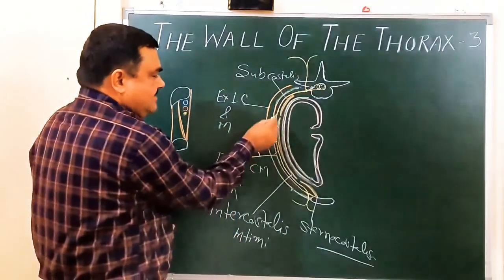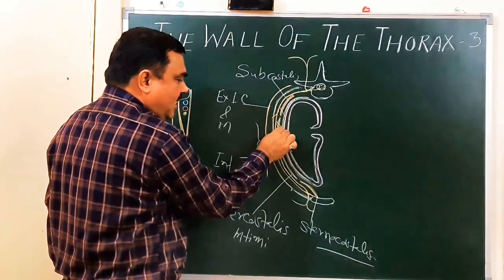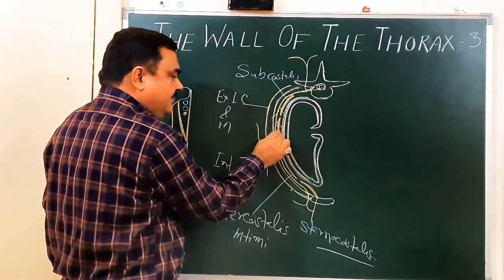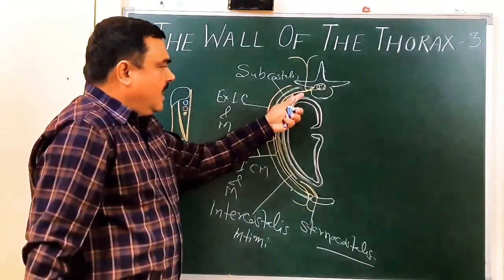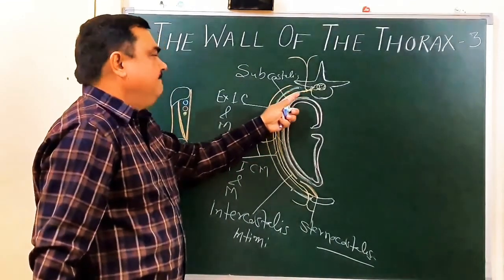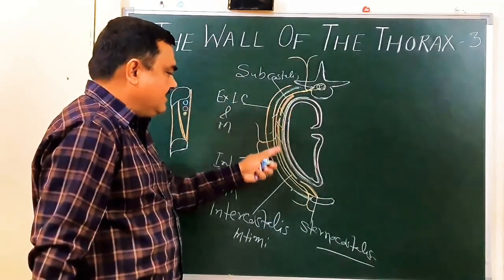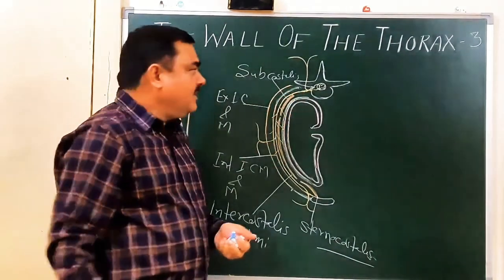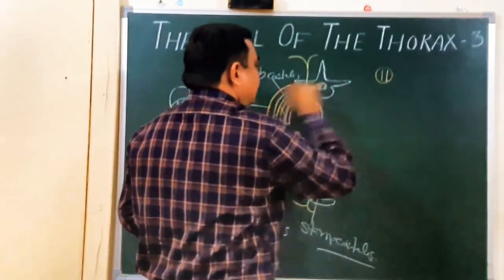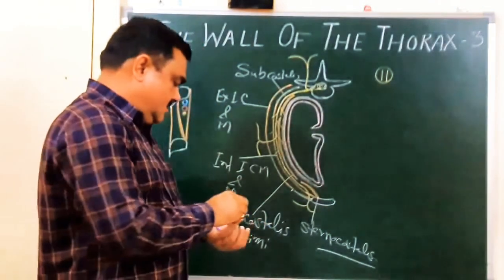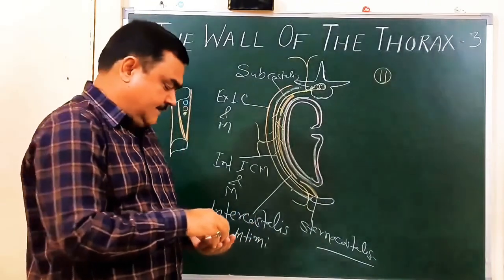So this nerve gives supply to endothoracic fascia and parietal pleura, not the visceral pleura. So it gives supply to these structures. And this is arrangement or plane through which this nerve passes. There are 11 pairs of this nerve for the 11 intercostal spaces.